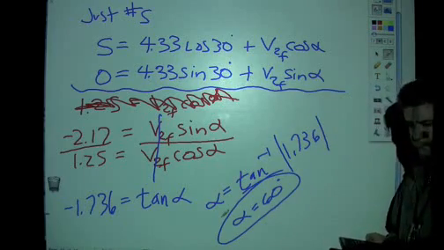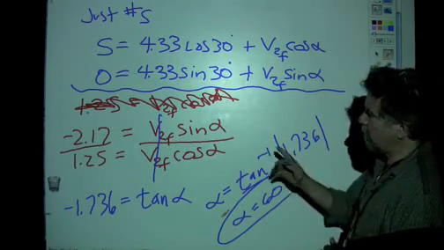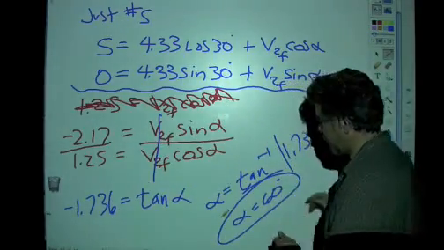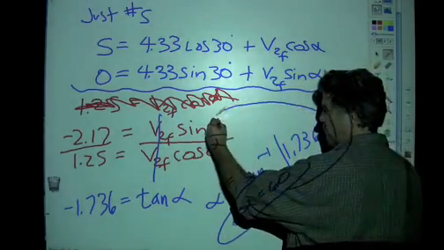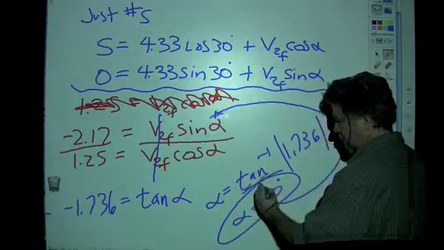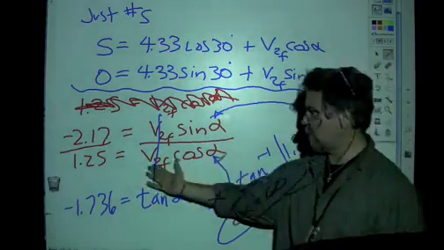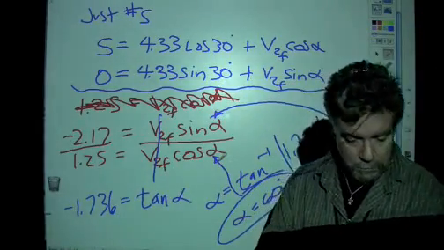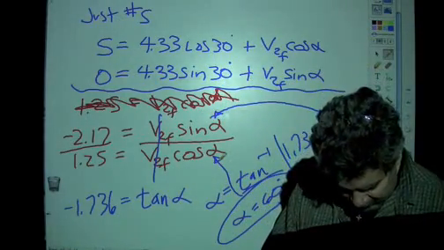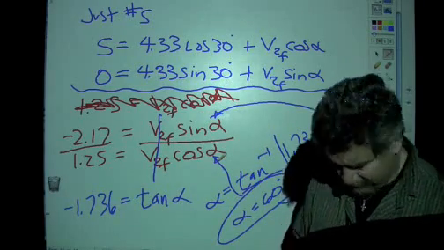So I find that alpha is 60 degrees. Once I know alpha is 60 degrees, I can plug it into either one of these equations and solve for V2 final. I'll let you do that. But when you do, you'll find that V2 final is 2.5 meters per second.